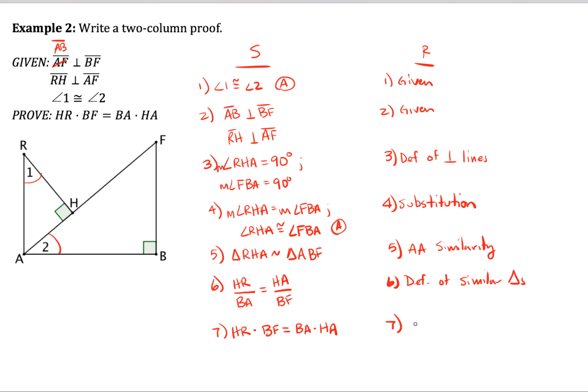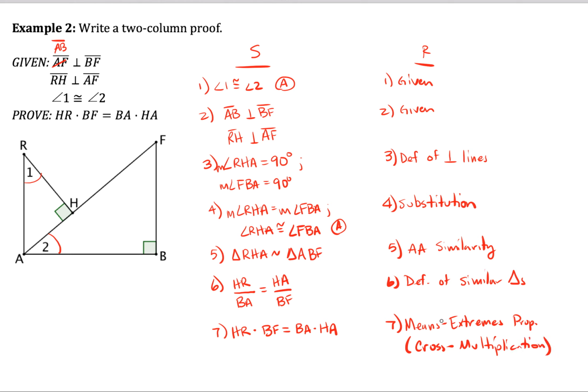So the last thing we need to do is put a reason over here for this statement. And technically it would be the means extremes property. But if you wanted to say cross multiplication, that will probably be okay.